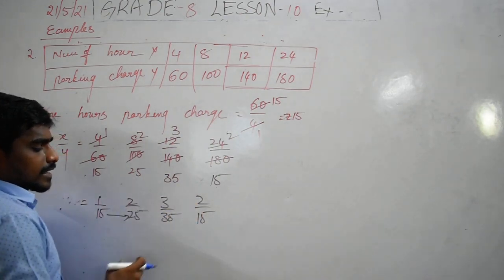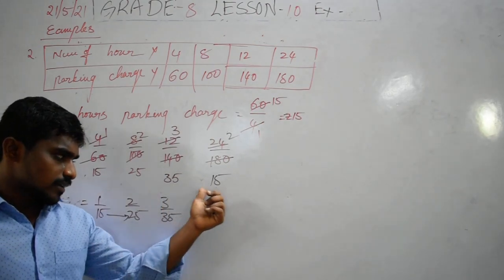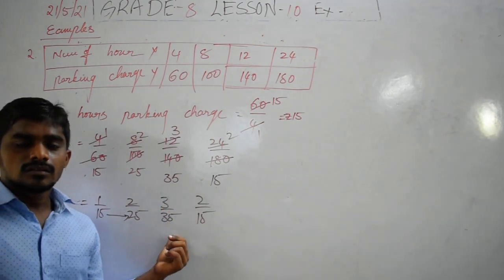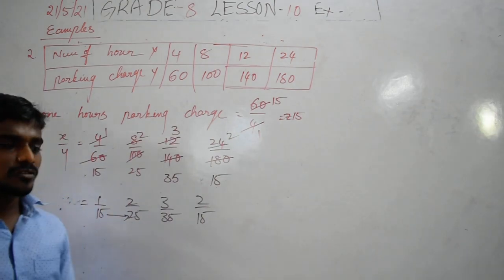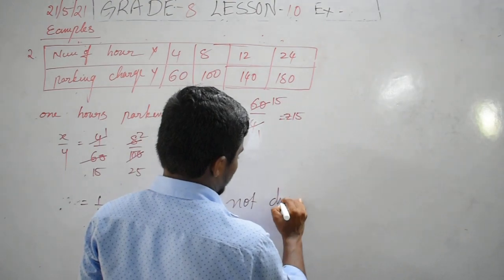Here to here decreasing, here to here decreasing, but not equal. So this is not direct proportion.